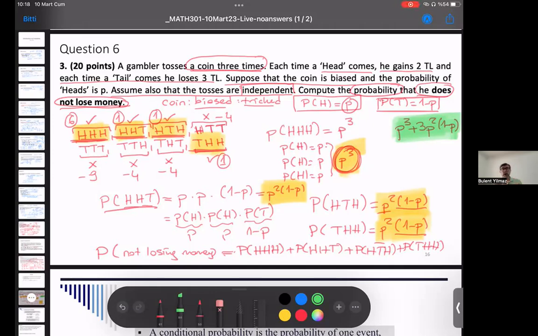Then I focused on each of them one by one and found the probability of each outcome. So HHH will be P times P times P. How do I do that? Because it is independent. Independent means when I flip a coin once and flip a coin twice, they will be independent from each other. One of them will not affect the other one. Flipping one coin will not affect flipping the second one or third one. Okay.